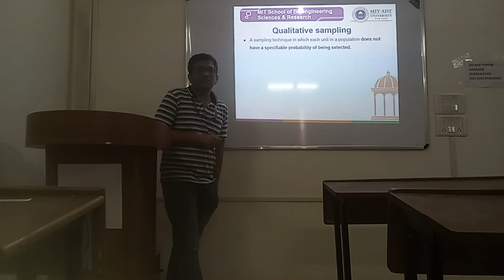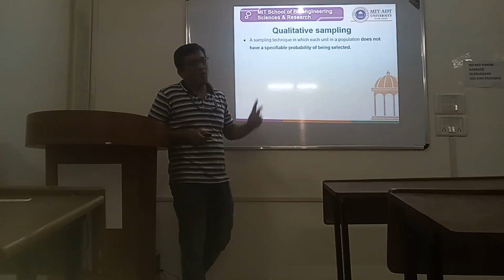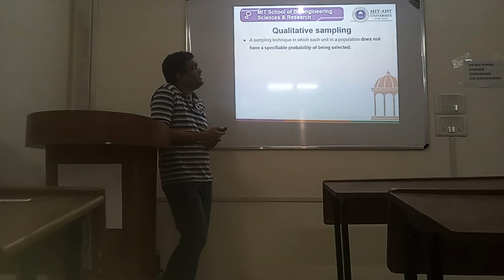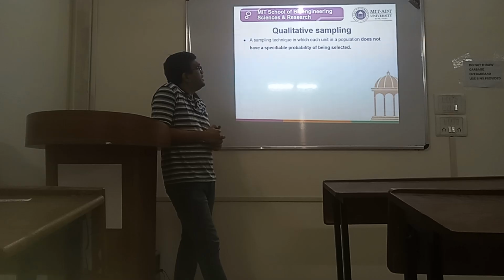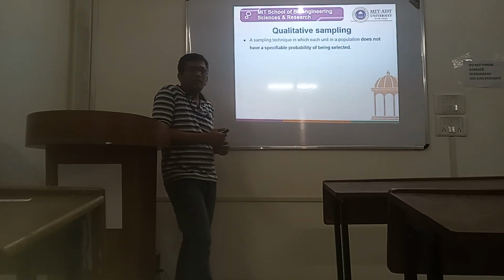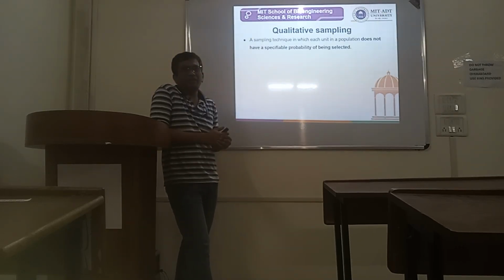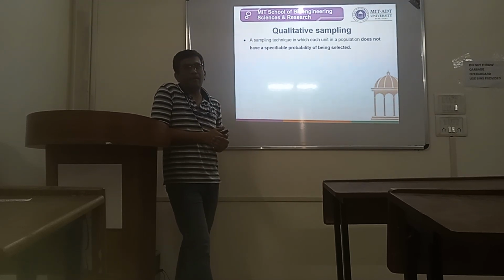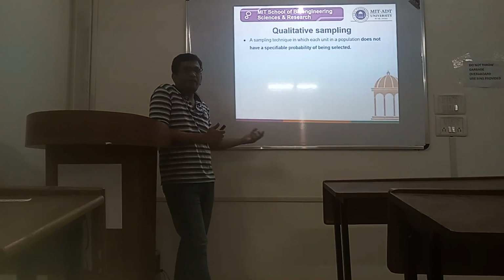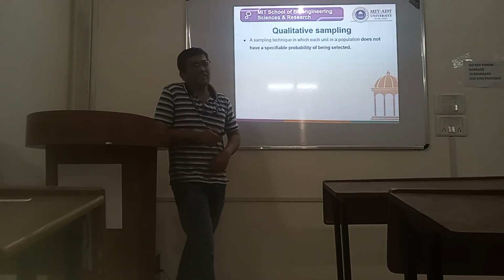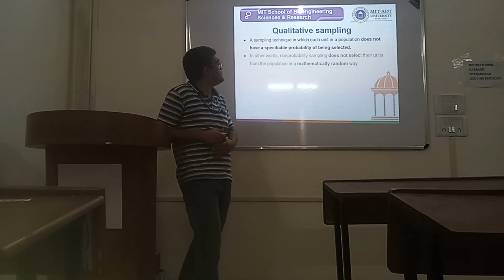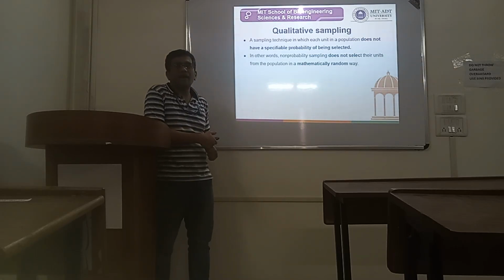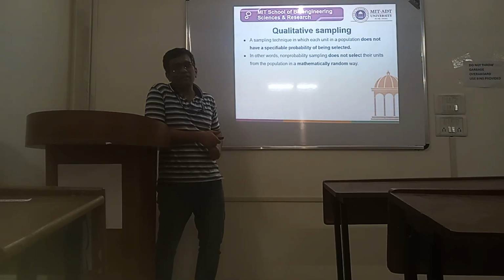Now we will begin with sampling. There are two types of sampling, qualitative sampling and quantitative sampling. Qualitative sampling is a sampling technique in which each unit in the population does not have a specific probability of getting selected. Rather, depending on the qualities present in the individual, the chance of that individual being selected as a sample either increases or decreases. In other words, non-probability sampling does not select samples in a mathematically random way.